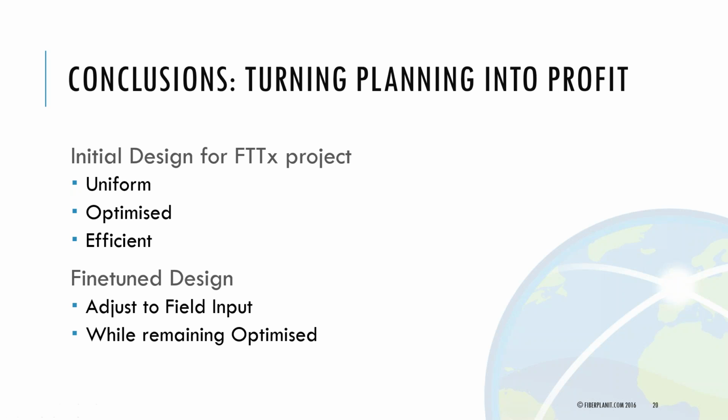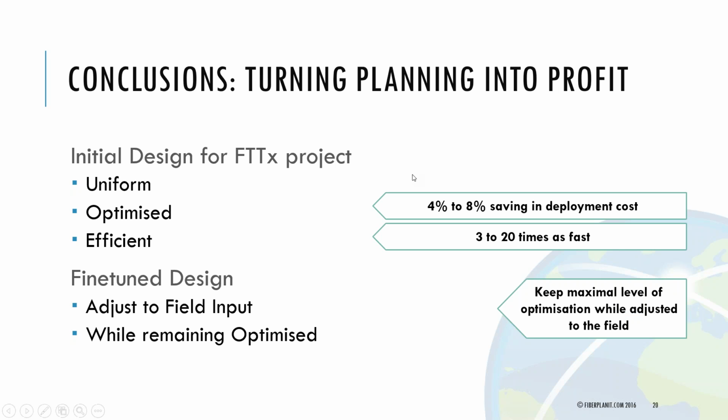Then for the fine-tuned design, you can easily adjust to field input that was provided, and still have this high level of optimization within your design. So in terms of numbers, we saw for a certain real life case that by optimization, we can save 4 to 8% in deployment costs.